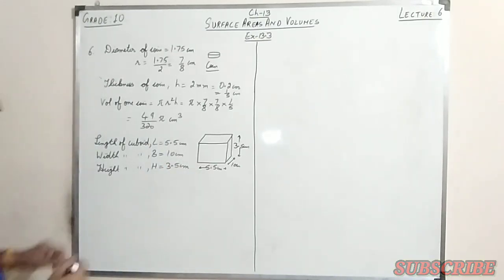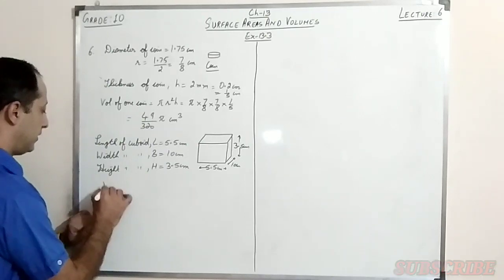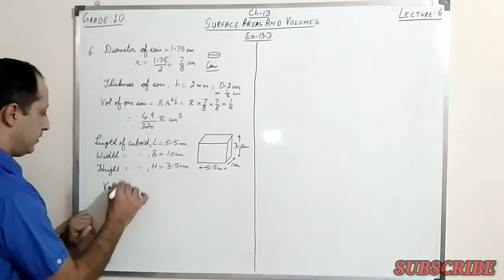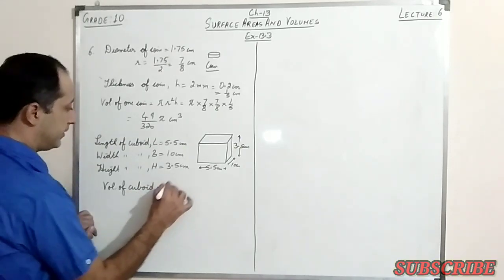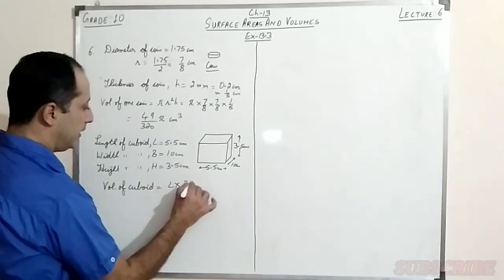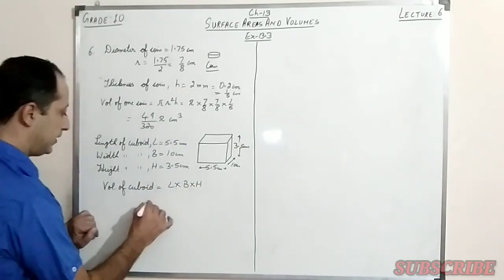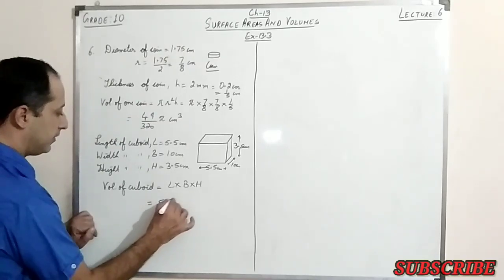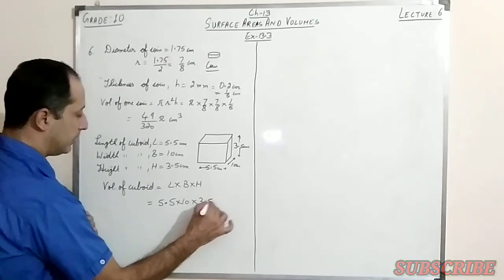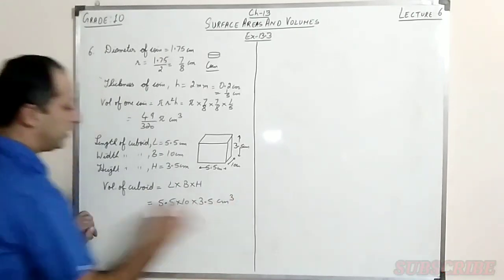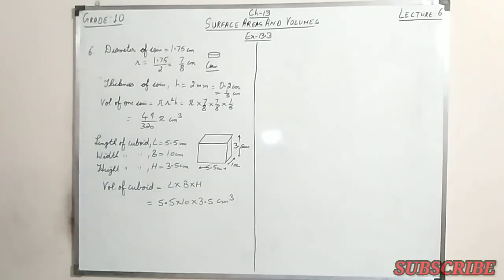Right? Now the volume of cuboid here it would be that is L into B into H. So that is 5.5 into 10 multiplied by 3.5 centimeter cube. Let's leave it like this because this is not the final answer we require.